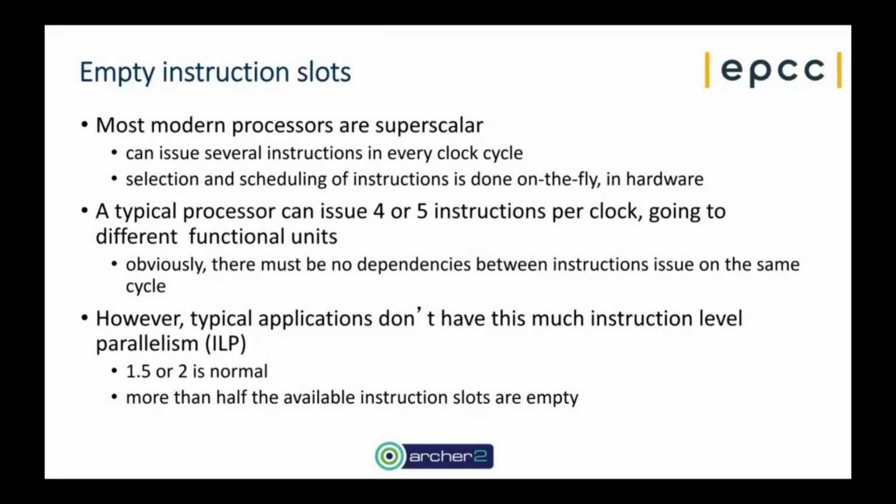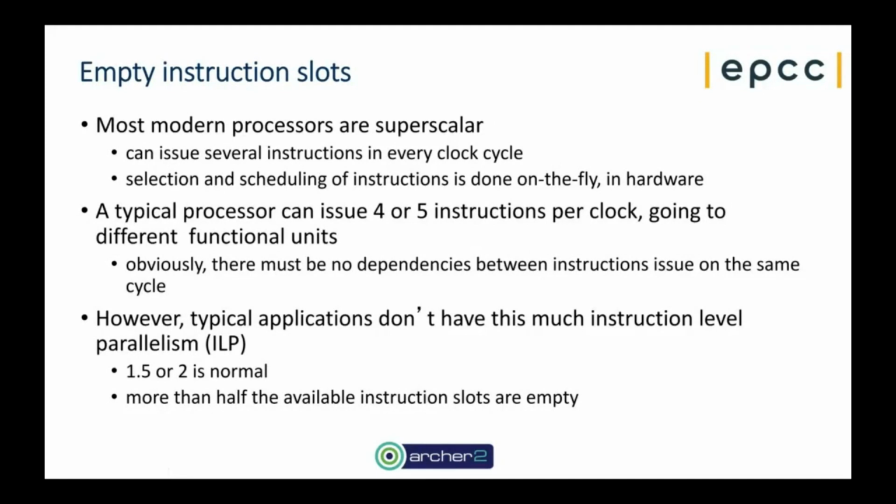There is a set of other functionality on the processor. What we call hyperthreading, superscalar or multi-threading is this idea that maybe we don't just have to run one thing on our core at any one time.